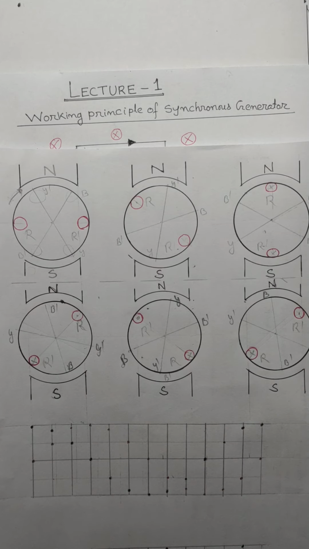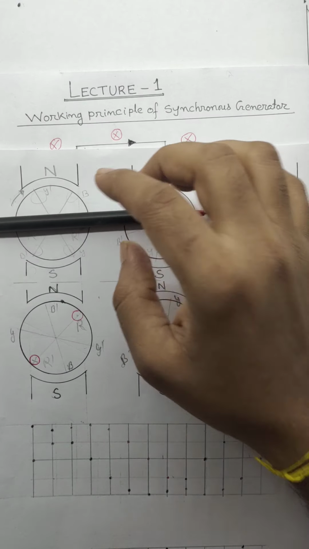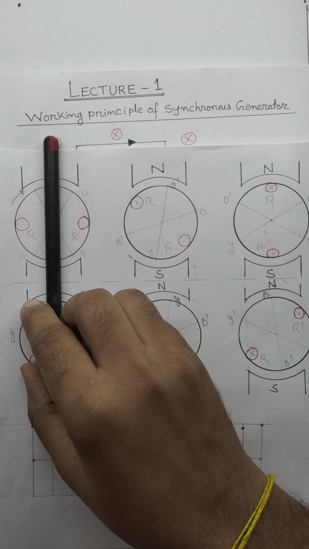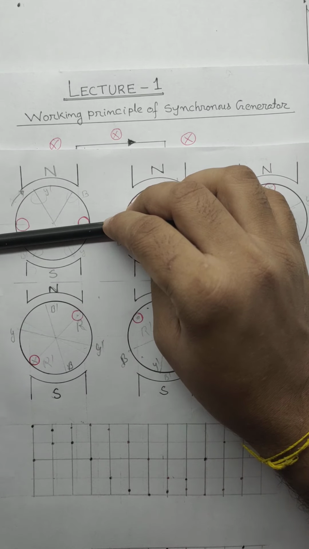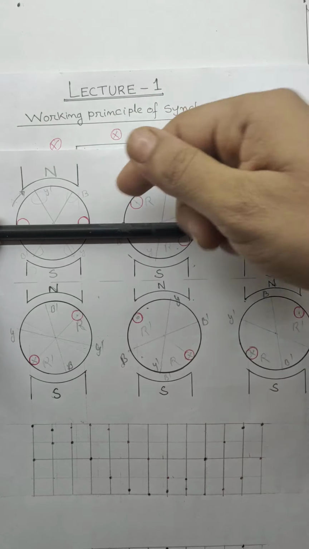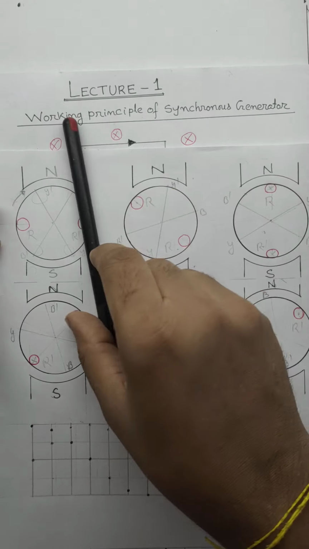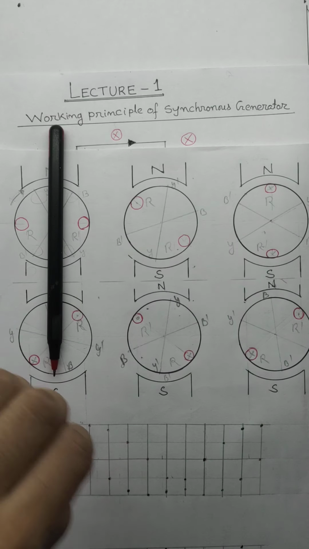Now it will be difficult from here to visualize that the flux linkage with this conductor is maximum here and minimum here. If I assume that the conductor is rotating like this, I can understand that the flux lines are passing through this, but when it comes here, I fail to understand why the flux linkage is 0.